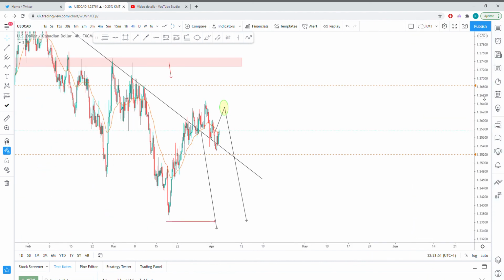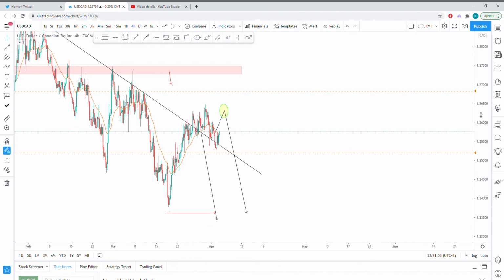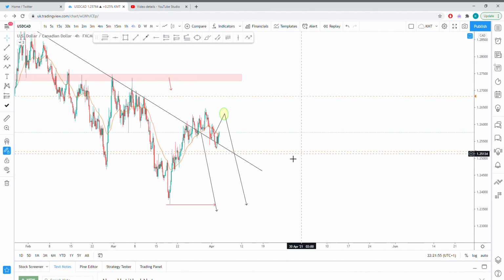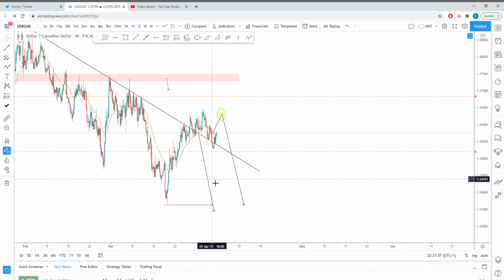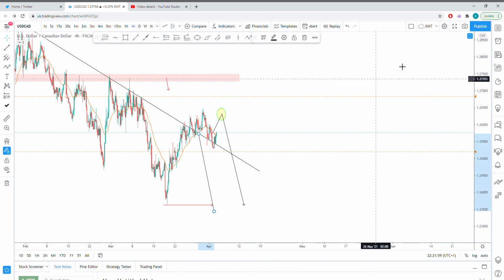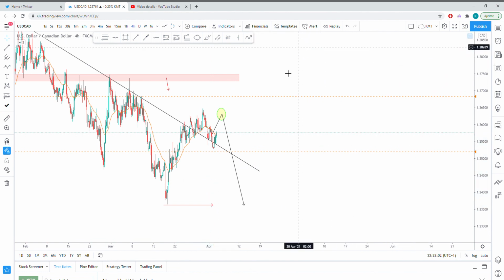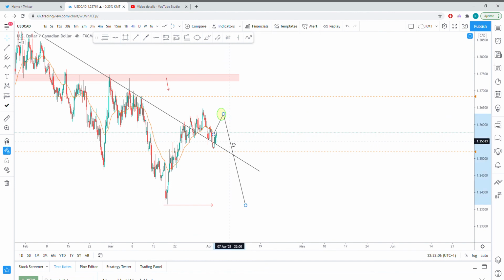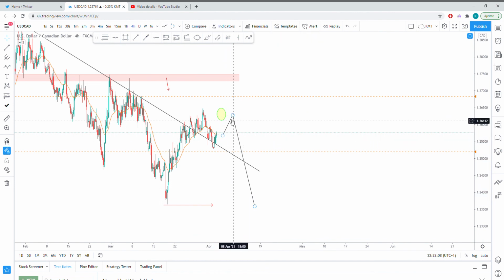Taking a look at our last pair for this week, USD CAD. What we were looking at from last week was a downside move. Now that we can see that price had made that move towards the downside from last week, we could start to use this switch in momentum to potentially push lower now. As long as price stays below 1.275, we should be able to anticipate further moves towards the downside.